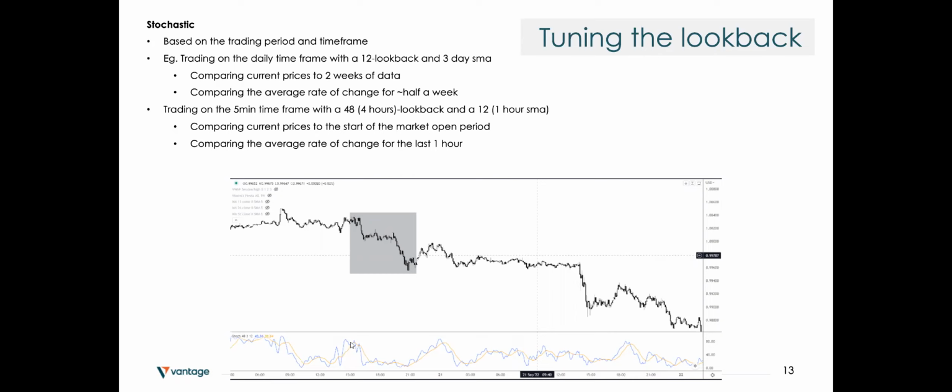So as time progresses, when the orange line enters into the overbought region, I do know that at this point in time, because price has already moved lower, the momentum here is almost similar to what I experienced at the start of the session. So I do know that the momentum is the same. What is likely going to happen because of the difference in price is that price would tend to move down again.